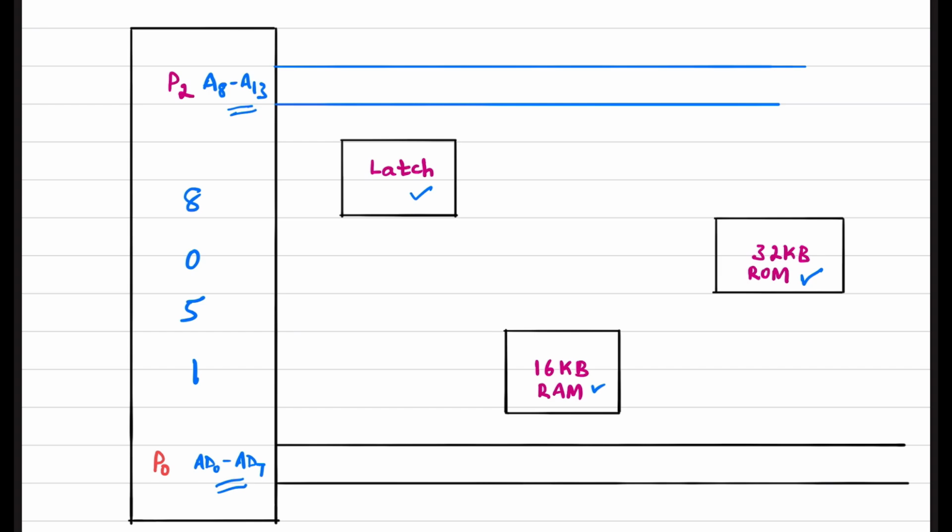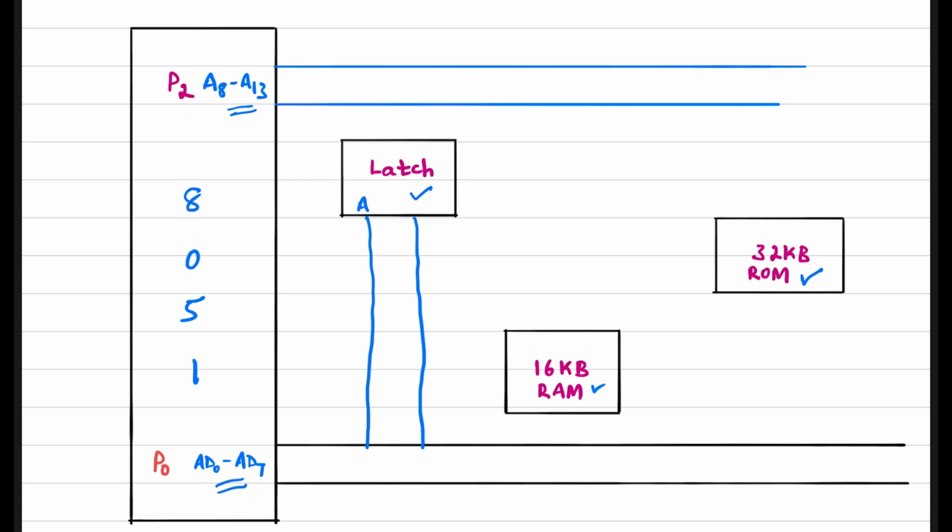First, let us make the port 0 connections. Port 0 carries both address lines and data lines, so we must make the data lines available for further usage. Therefore, first we are going to latch the address into this latch. We connect AD0 to AD7 to the latch, so that the address lines will be available for further usage.